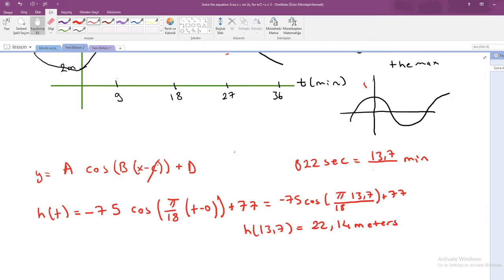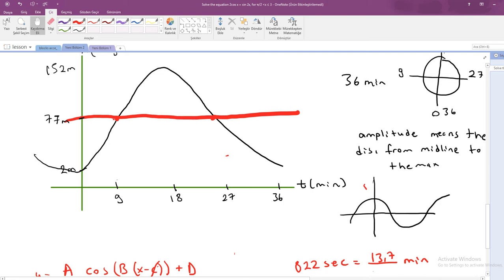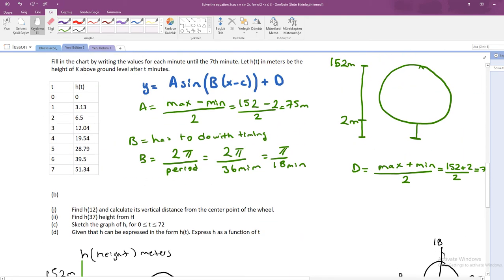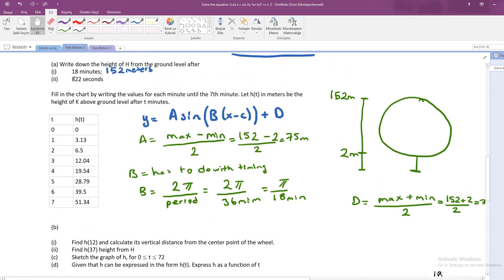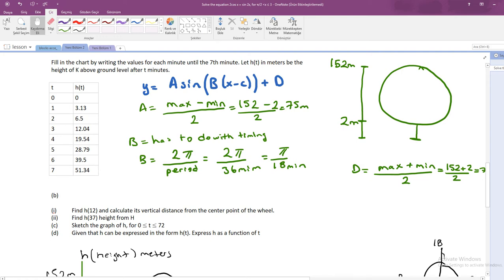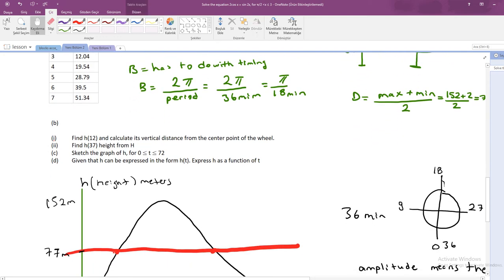So we will do the same for all of it. In here we will again be writing in minutes: 2, 3, 4, 5, 5th, 6th minute. You will get these answers, hopefully. And find the height for 12 and calculate its vertical distance from the center point of the wheel.